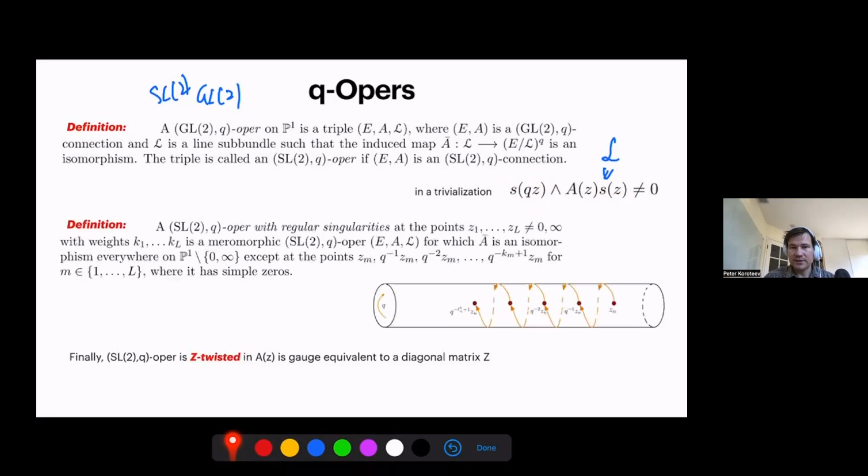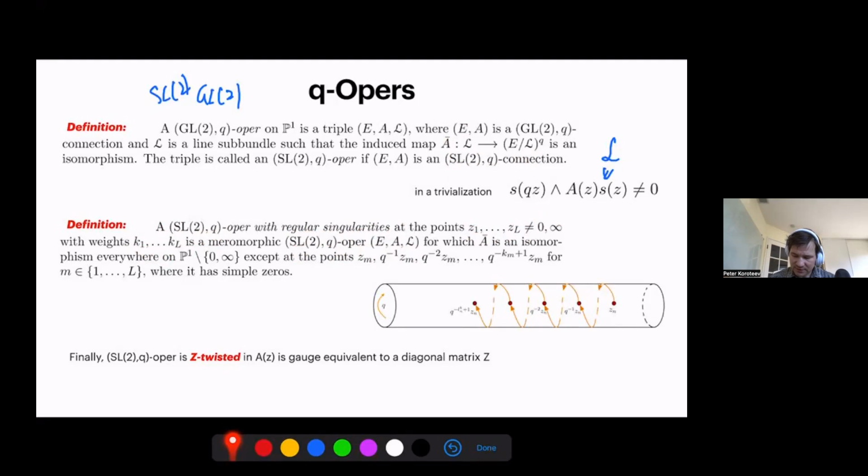Now we need to upgrade the definition a little bit because we need some more structure. It's perfectly fine to work with Opers like this, but for us it won't be enough. So an SL2 q-Oper with regular singularities at points z1 through zL, which are in this case distinct from 0 and infinity, and additionally with weights k1 through kL, is a meromorphic SL2 q-Oper from the previous definition, but where we allow this isomorphism A-bar to fail at some points.